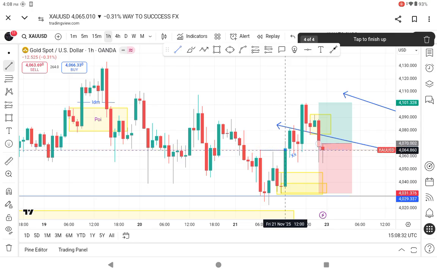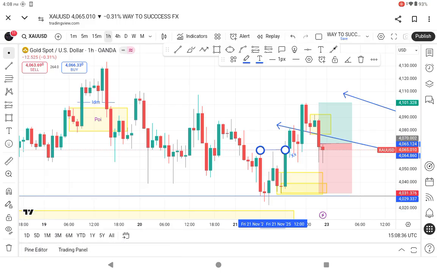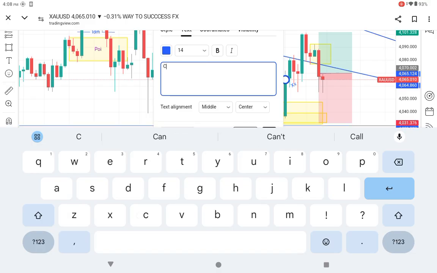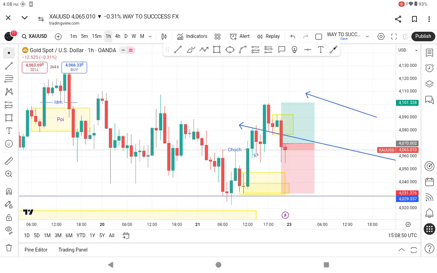Price gave me another change of character here in H1. So that is my change of character, and price continued to make a higher high to the upside.